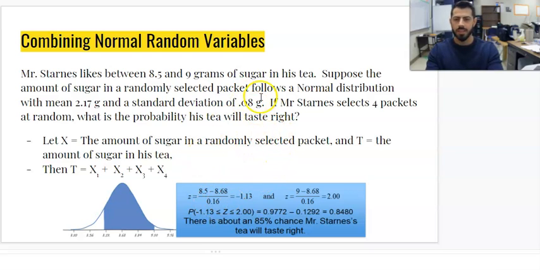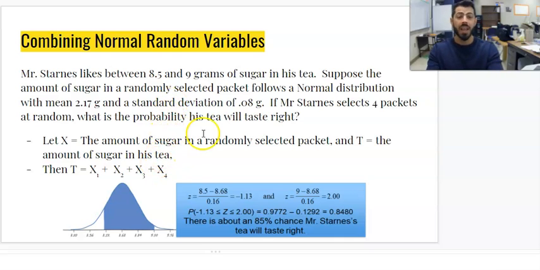So essentially, this is 0.08 squared plus 0.08 squared plus 0.08 squared plus 0.08 squared, which gives you 0.16. We have to do that arithmetic to find the new mean and the new standard deviation. It would be nice if we could just divide these by 4 and go from there, but it doesn't work that way. It would be nice, but it doesn't.